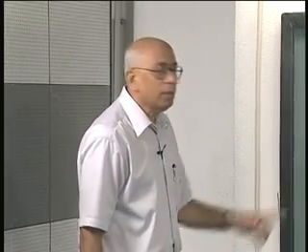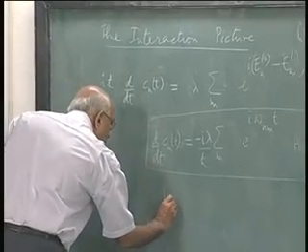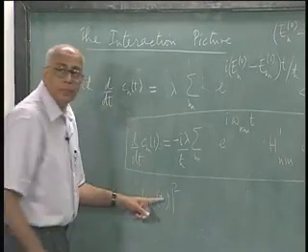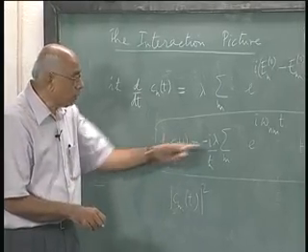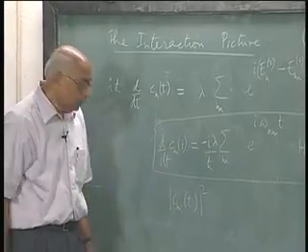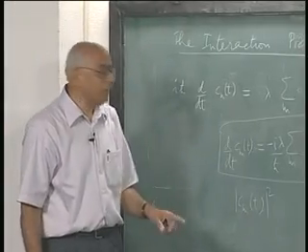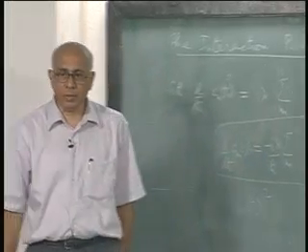In particular, we would be interested in calculating what these quantities are, because modulus C m of t whole squared is the probability that, if you start, remember this whole thing is with some given initial condition, at time t the system is in the eigenstate phi m of 0, and that will change, and we would like to see how it oscillates.